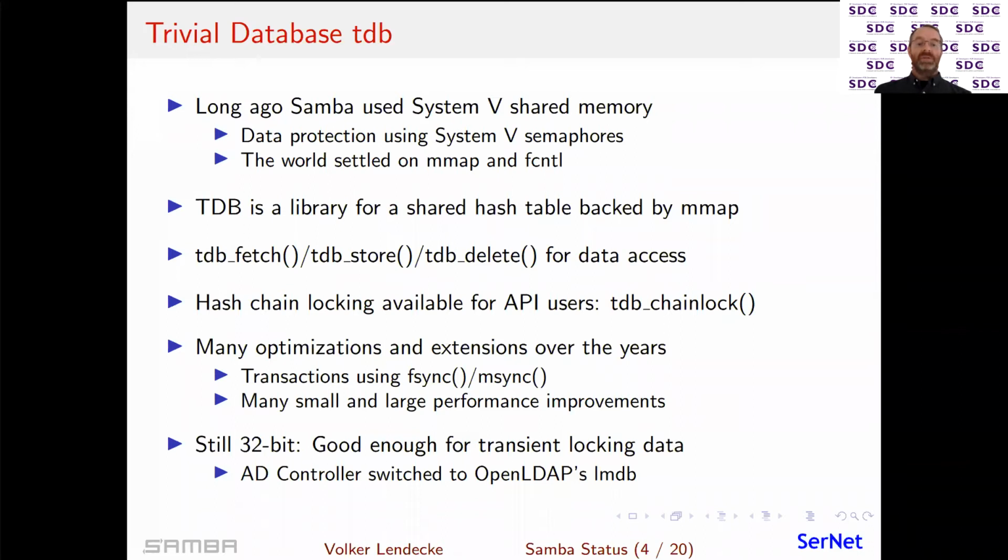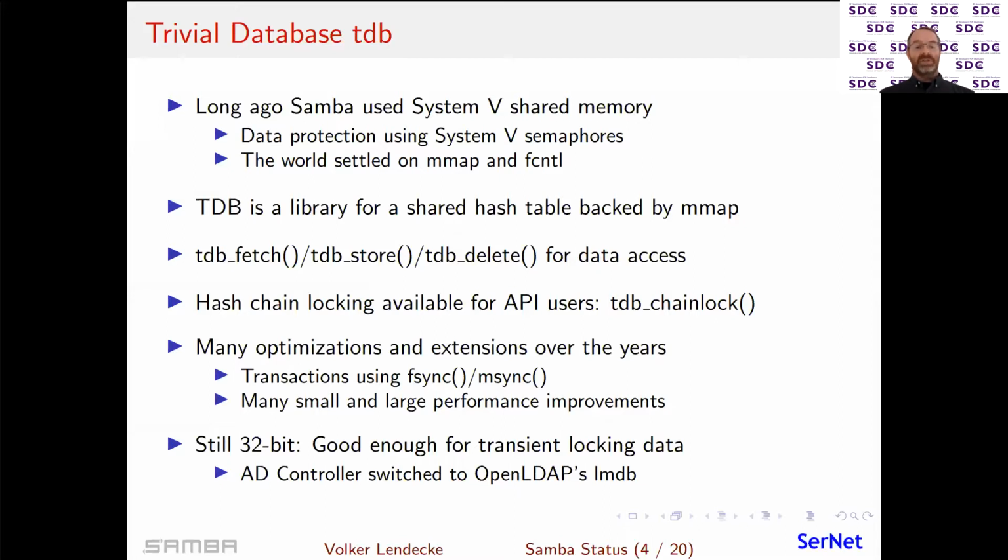TDB has seen many extensions and optimizations over the years. At some point, somebody decided, hey, we need to have real stable data. So we added transactions using fsync and msync. Those are, of course, relatively small, but what can you do with fsync? And we have really done a lot of tuning in the past to optimize for the use cases that Samba has. I would say that for those use cases, TDB is not really a performance bottleneck anymore.